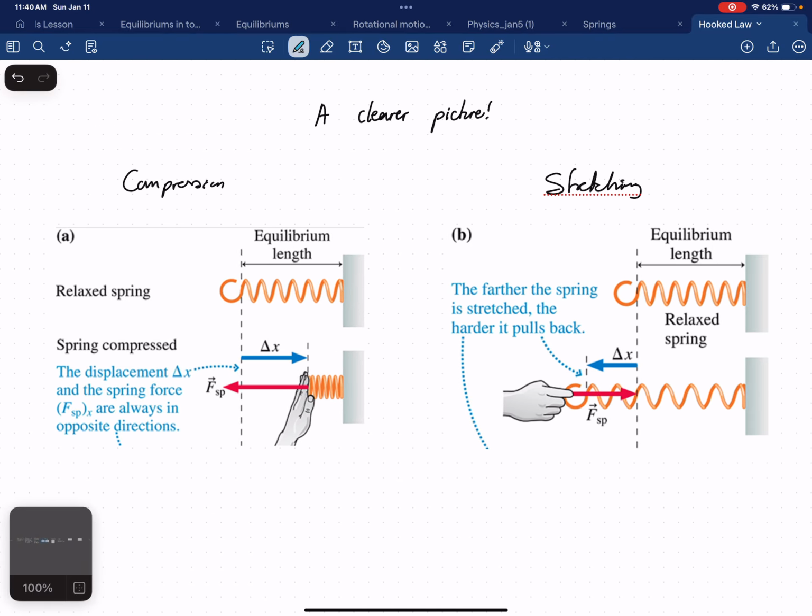So here's a clearer picture for you just to visualize the displacement I'm referring to. It's an example from your book. We talk about a relaxed spring, and that relaxed spring being displaced from equilibrium. If we look at this picture, analyzing the compression about equilibrium length, at this point my spring is untouched.